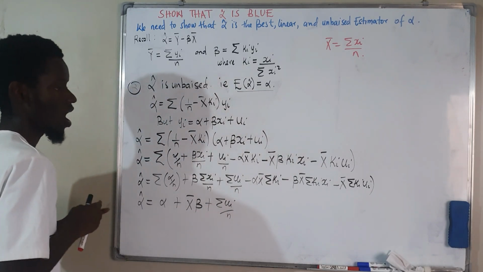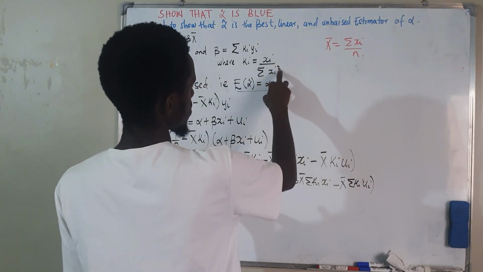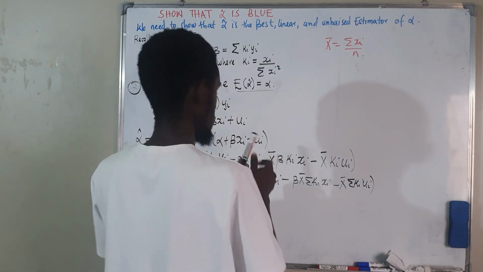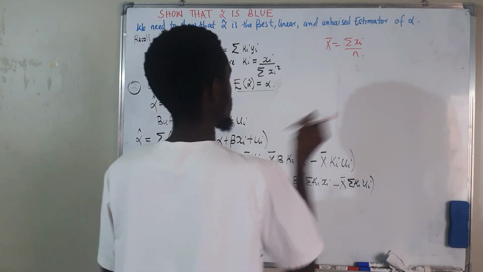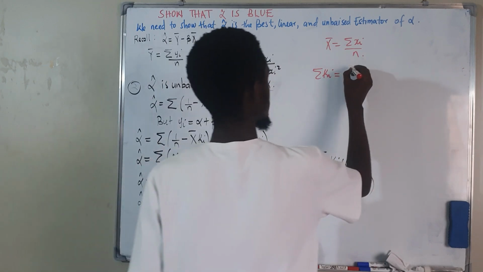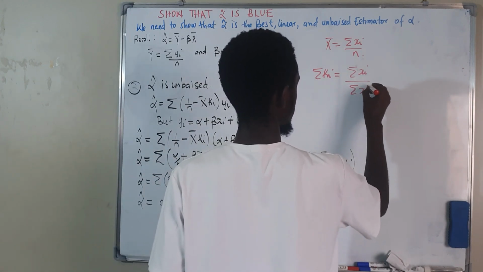But now remember our k_i is x_i over summation of x_i squared. If I want to get summation of k_i, it's the same thing as summation of x_i over summation of x_i squared.